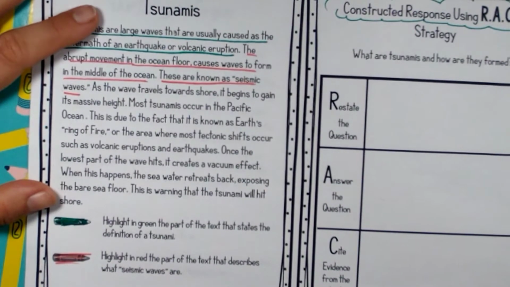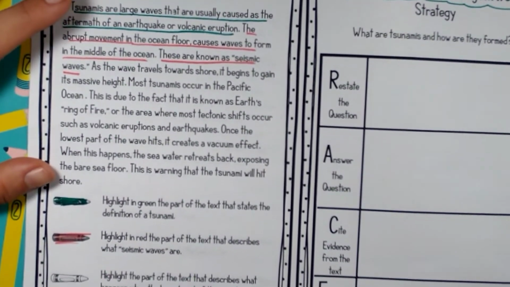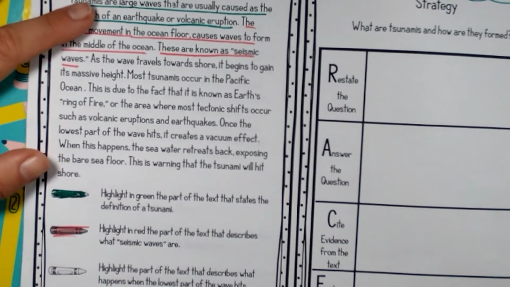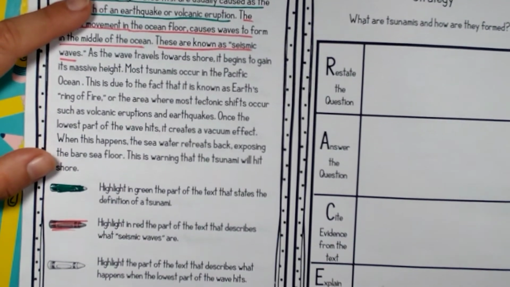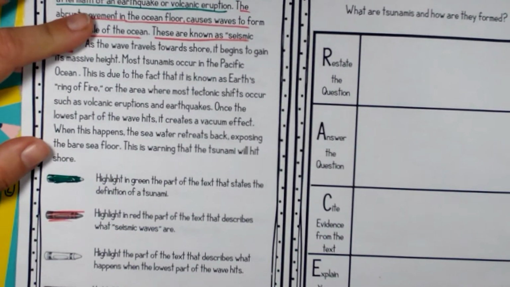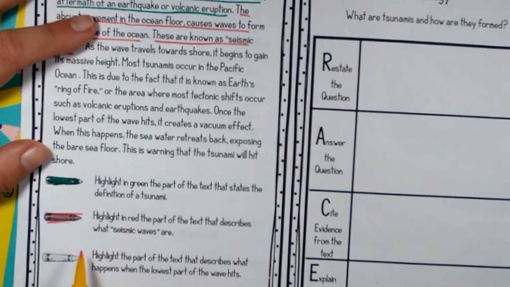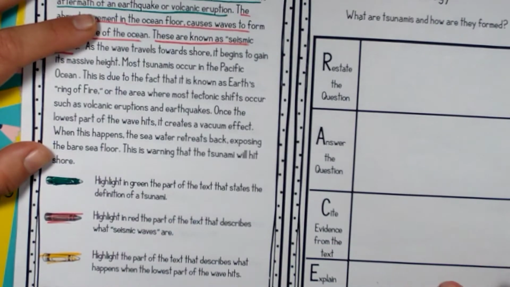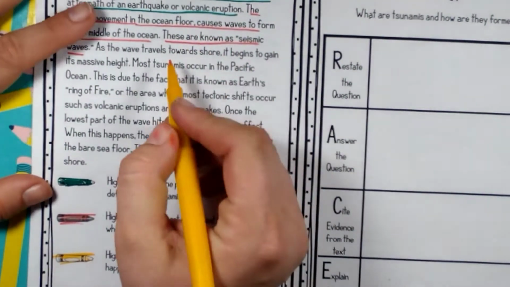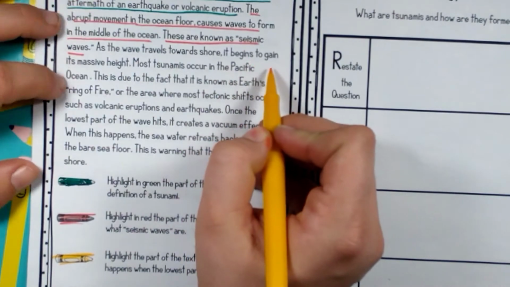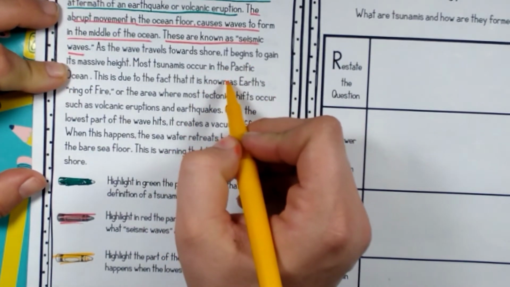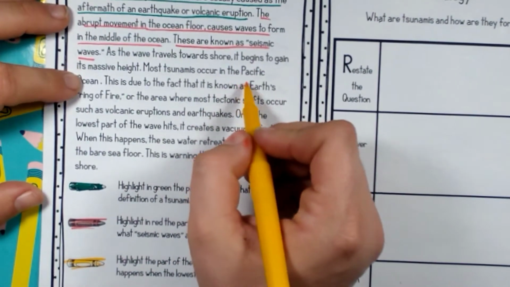The next one is yellow. Highlight the part of the text that describes what happens when the lowest part of the wave hits. As the wave travels toward the shore, it begins to gain its massive height. Most tsunamis occur in the Pacific Ocean.